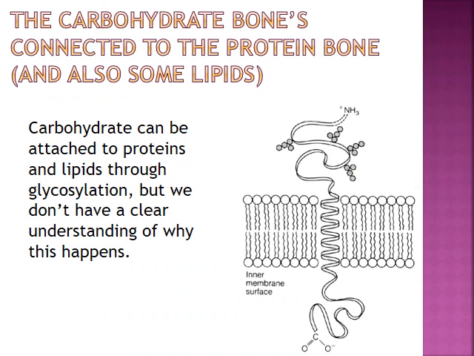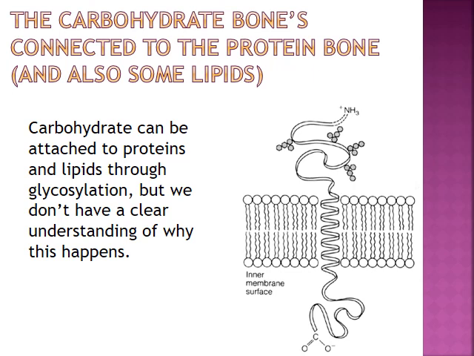So you've got these proteins embedded in the bilayer, and you'll also have carbohydrates attaching to them through a process called glycosylation. We've heard of glycosylation before. Where did we hear about glycosylation? Ten minutes ago, when we went over it. So glycosylation happens in what organelle? The endoplasmic reticulum.